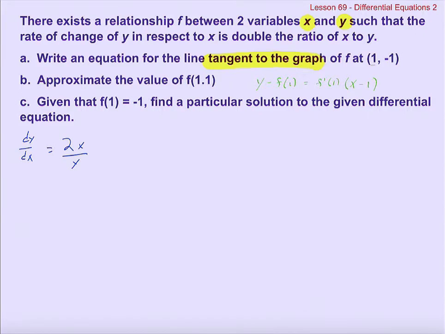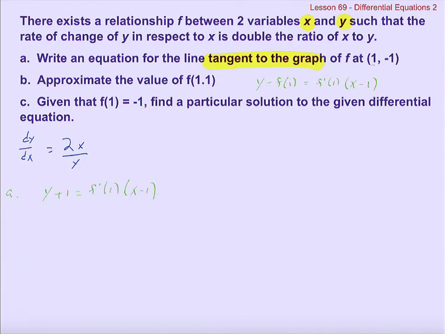This is point slope form: y minus y1 equals m times x minus x1. Well, they already told us that f of 1 is -1, so we want y minus -1 equals some derivative, I'm going to call it f prime of 1 for now, times x minus 1.